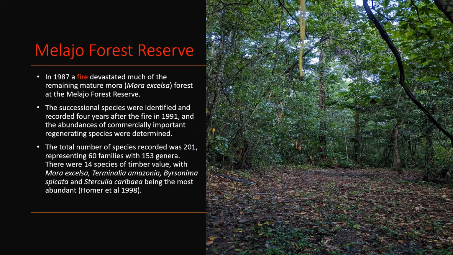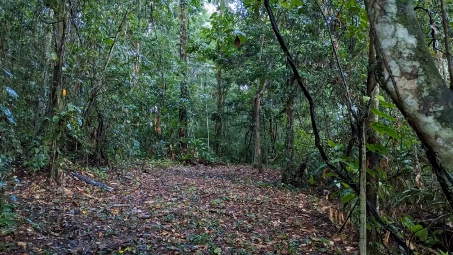In 1998, a survey was conducted that determined there were a total number of species around 201, representing 60 families. There were approximately 14 species of timber value, including Mora excelsa, Terminalia amazonia, etc. This is what the current site looks like at the Malau Forest Reserve.